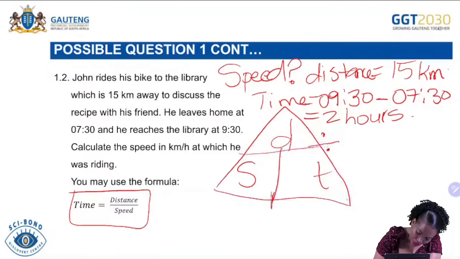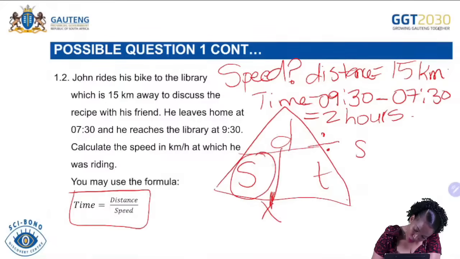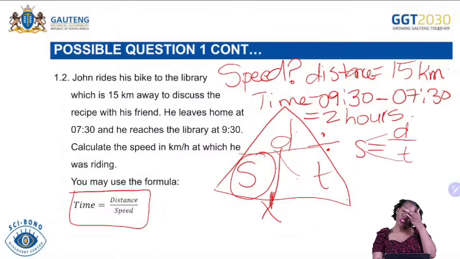And the line in between actually means multiplication. How does it work? If you are looking for speed, you'll say speed equals, what is on top of speed? On top of speed there is distance, and underneath distance we have time. Meaning if you calculate speed, it would be distance over time.